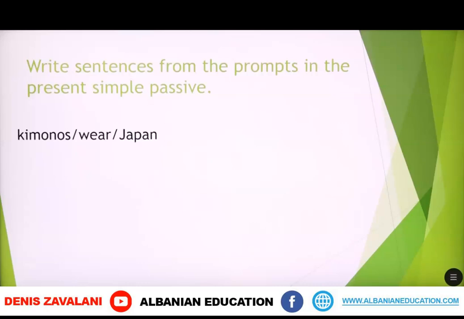Kimonos wear Japan. How would you make a sentence by using these words and creating a passive present simple tense? Kimonos are worn in Japan. Let's continue with the other.